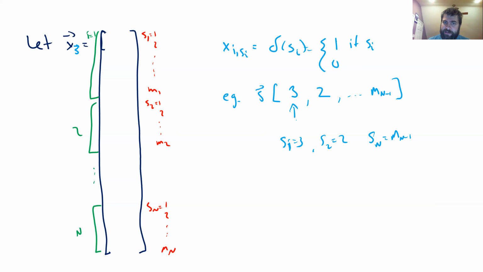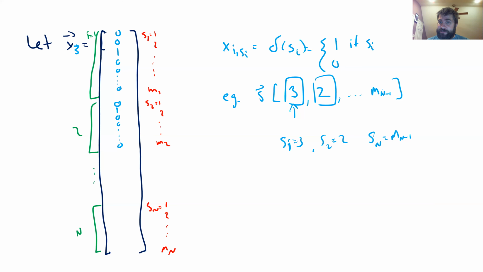Well, what would this mean? It would mean that in the first block, we have a 1 at the third position and zeros everywhere else, because the choice we made was the third option at position 1. In the second position, the choice we made was 2, so it has a 1 at position 2 and a 0 everywhere else.